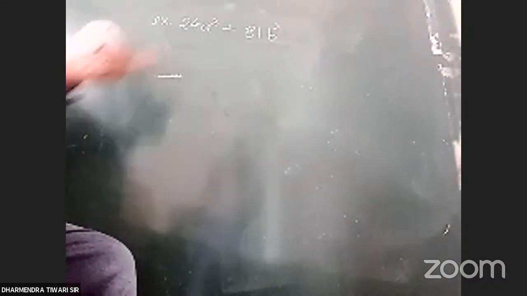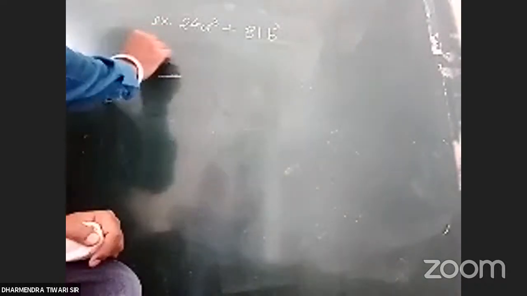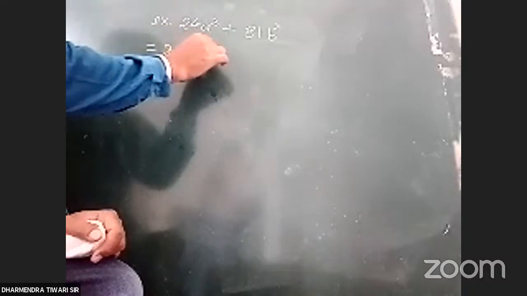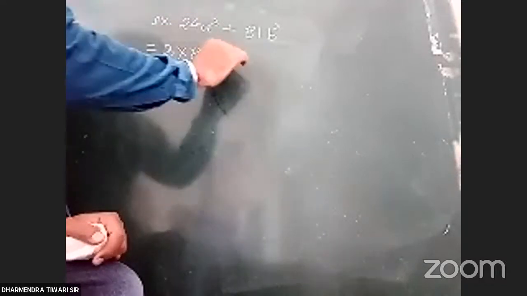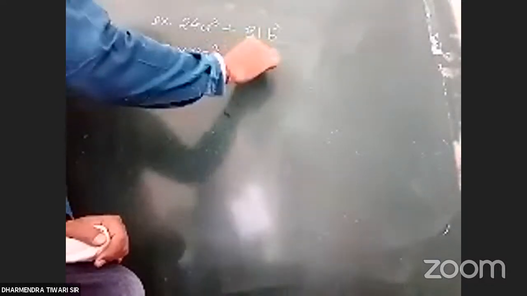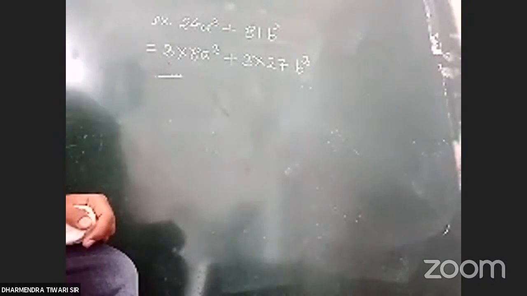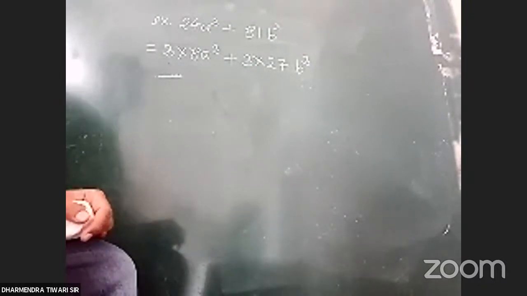If we can find some common number between them, we can write this as 3 into 8a cube plus 3 into 27b cube.